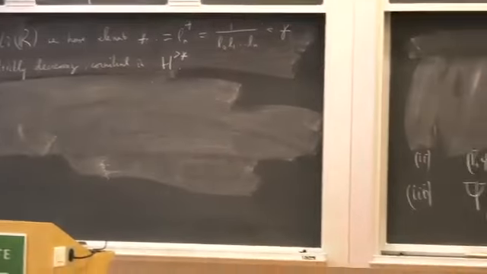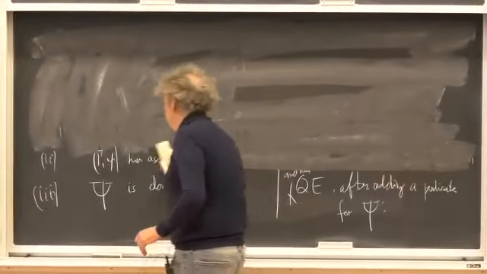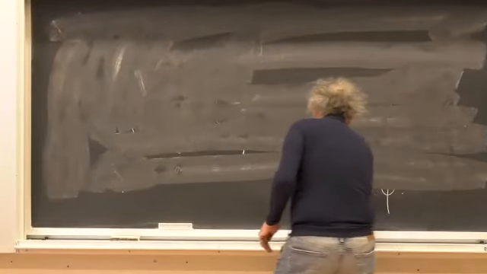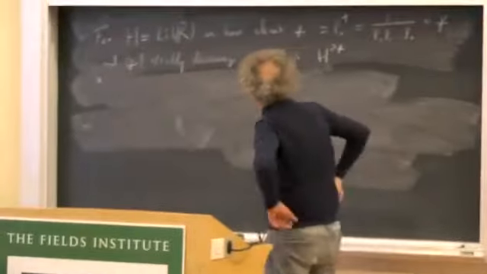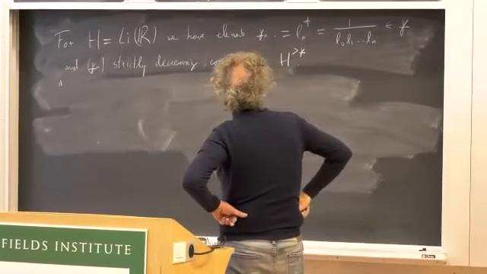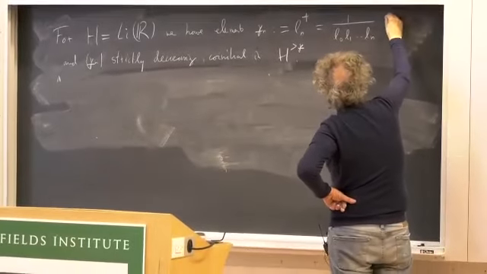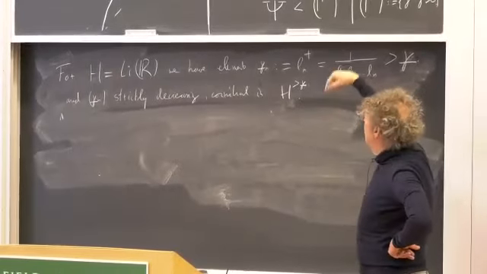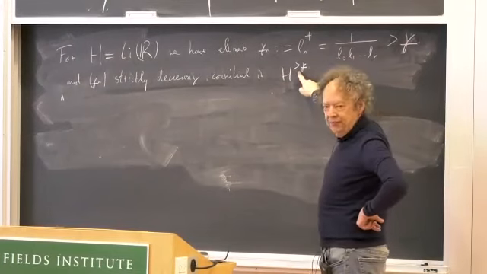But how can they be smaller? The realizations of gamma should be above elements in gamma. No? What am I saying? Ah, wait a minute, sorry, these are bigger than gamma. They are bigger than gamma, but they are strictly decreasing and co-initial in everything that's bigger than gamma.